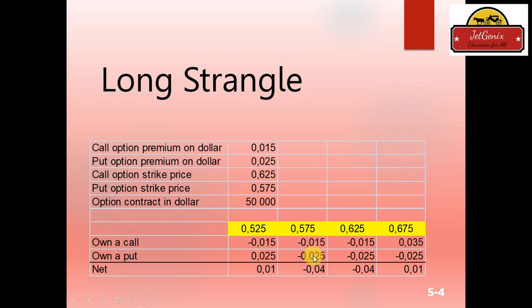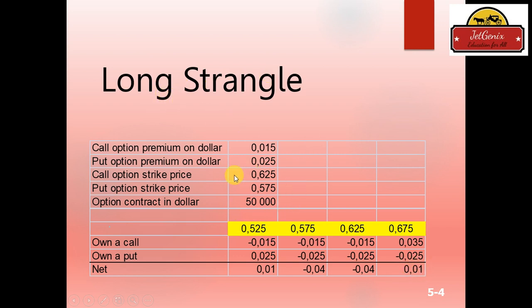But in this case we are going to lose 0.04, and here at 625 again we are going to lose 0.04. But if the price goes further from 675 to 680, 85 and 90, sorry guys, this amount will increase, and thus we can benefit from this strangle strategy.